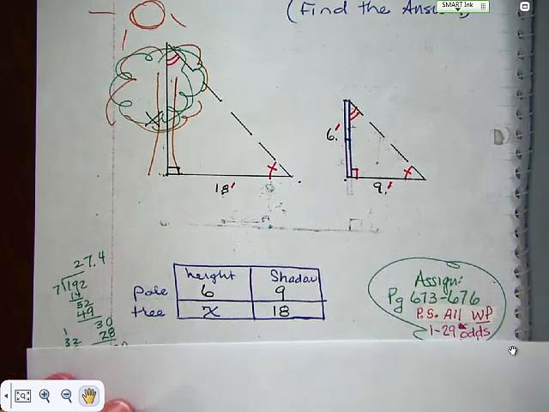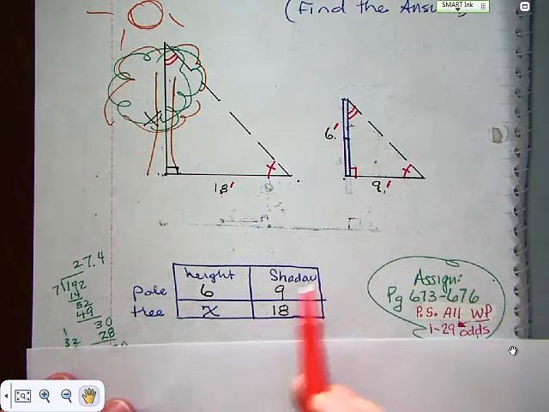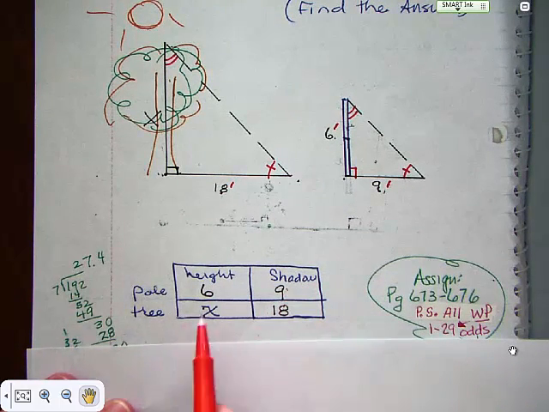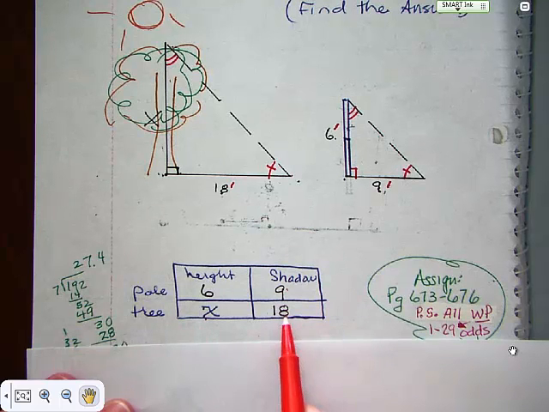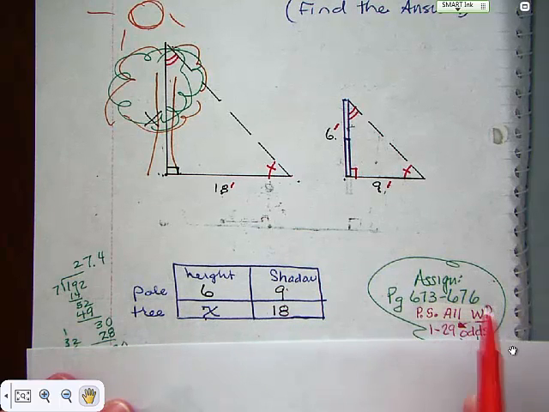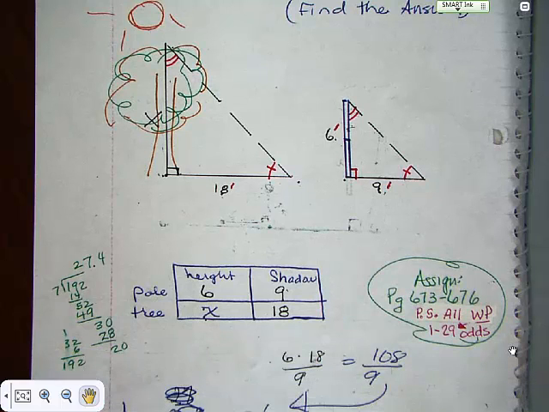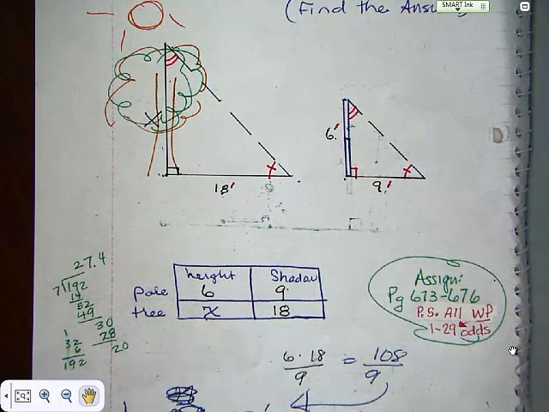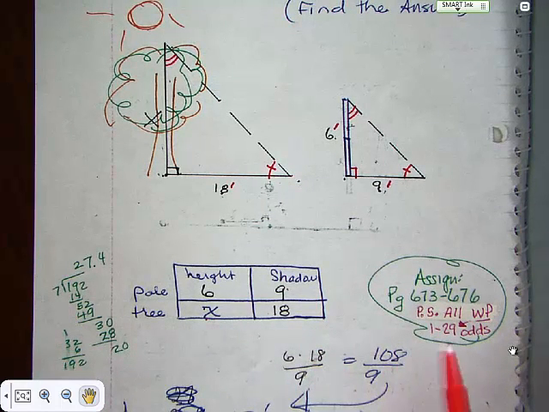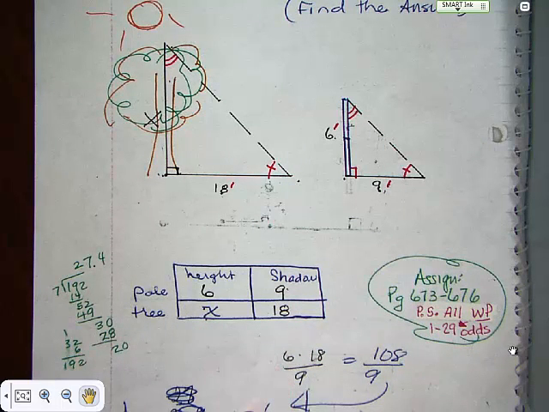Set it up with the box. The height of the pole, the shadow of the pole. The height of the tree, the shadow of the tree. Set them up in a proportion. And you end up with 6 times 18 divided by 9, which is the way some of you like to do it.